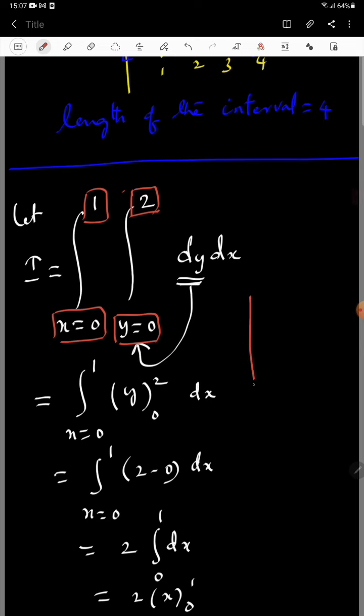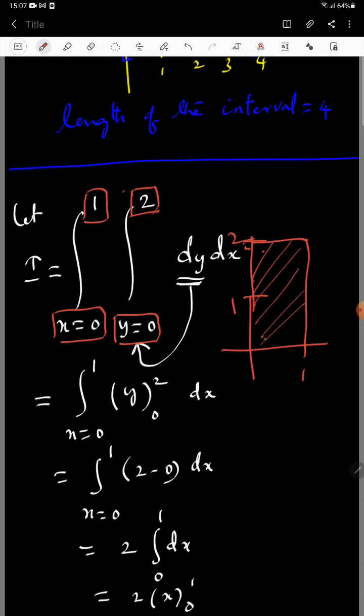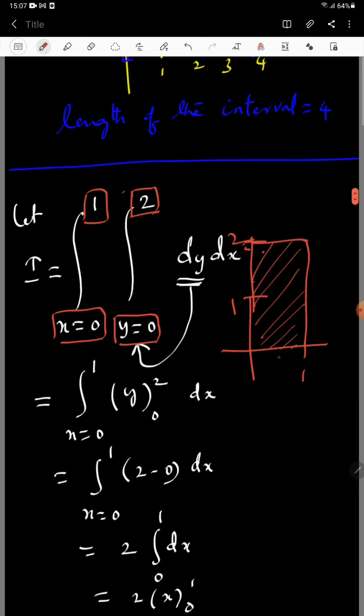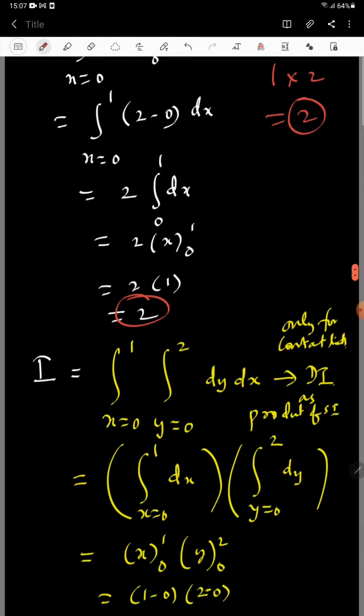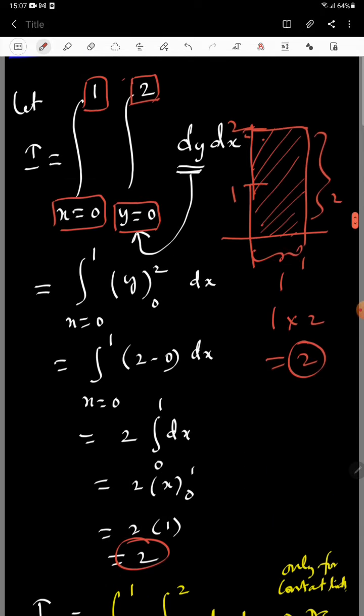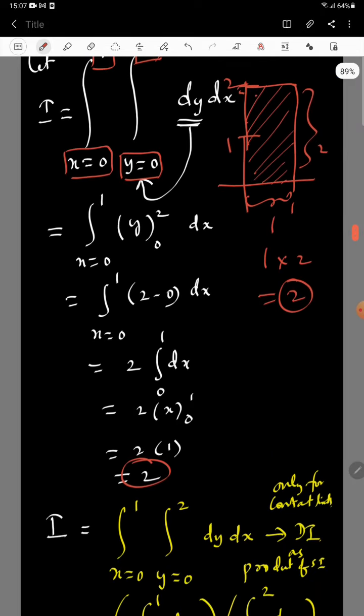X is 0 to 1, let me take 1 here, and it is 2 here. Y is varying from 0 to 2, so I get a rectangle. This complete rectangle area will come, that is length into breadth. So this is 1 and this is 2, so 1 into 2 is equal to 2, and you got that 2 here. That is nothing but the area of the region of integration.